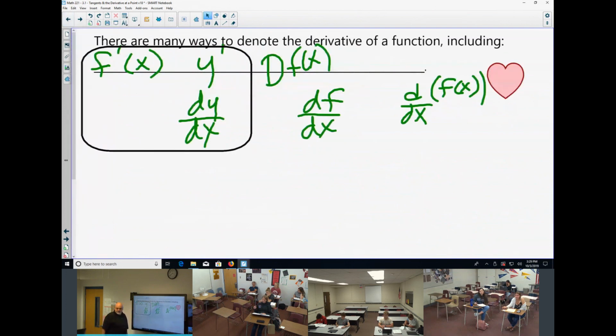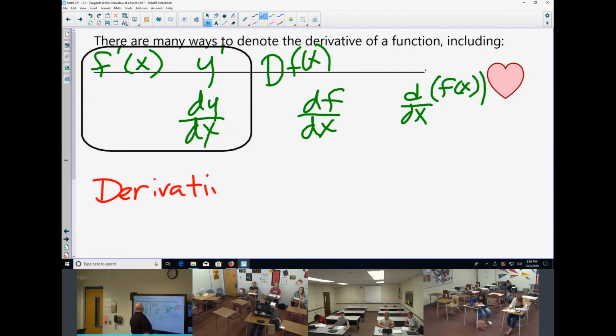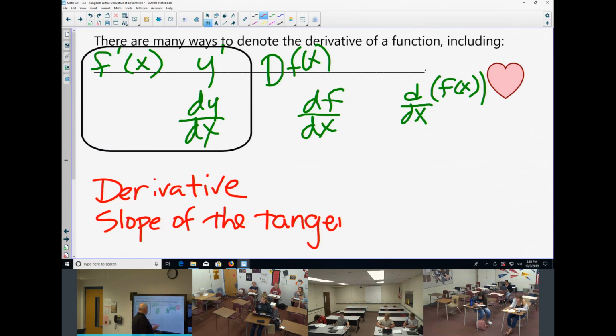Okay, so it says the following are all interpretations of the limit of the difference quotient. Some of the interpretations we've talked about are the derivative and the slope of the tangent. Those are the ones we've talked about so far.